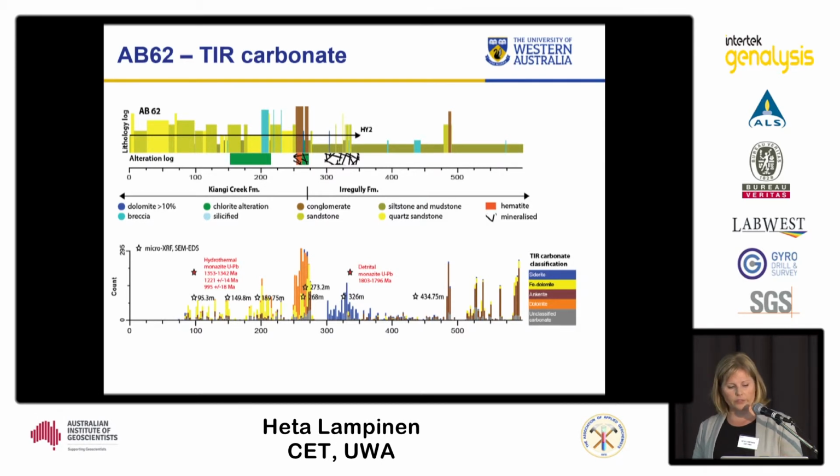It contains mostly dolomite, a little bit of iron dolomite, and more ankerite, a composition closer to the most mineralized bit of this core, which has siderite as the main carbonate phase. And the little black stars show where I have the samples for the SEM-EDS.